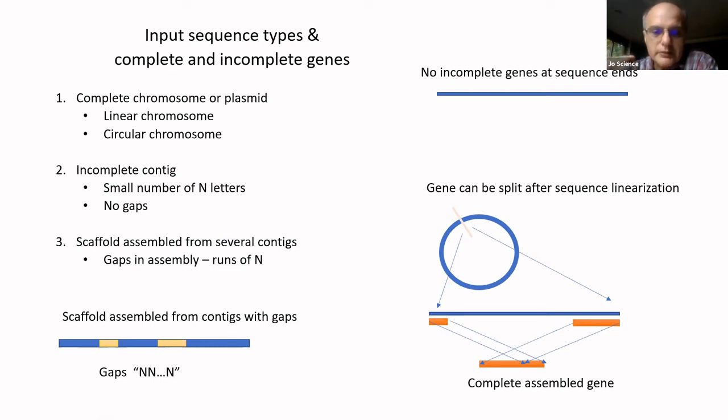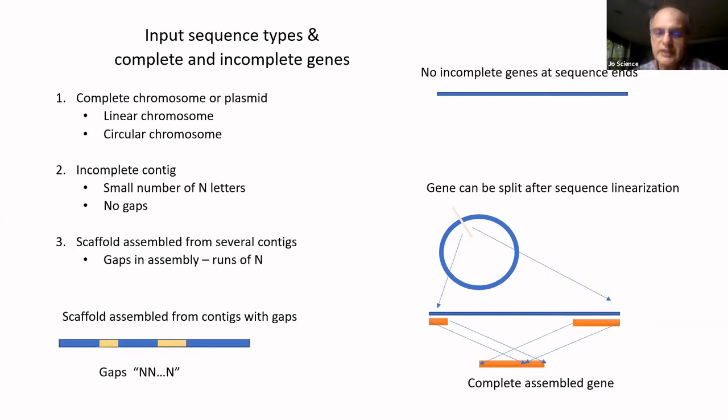And another part of the input is what I started from, draft assemblies. Draft assemblies are frequently in multiple contigs. We can have sometimes thousands of them. And sometimes working with a thousand short contigs is not very convenient. Some of the assembly algorithms are creating scaffolds, putting contigs together and filling in gaps with letters N. It's also important to understand that this is, in some sense, an artificial construct.